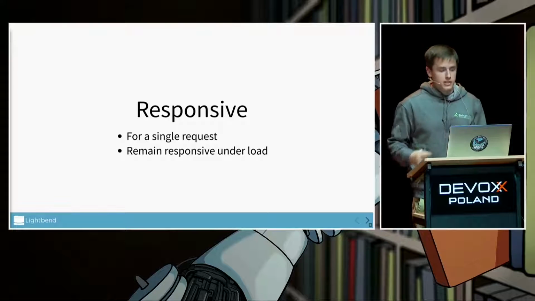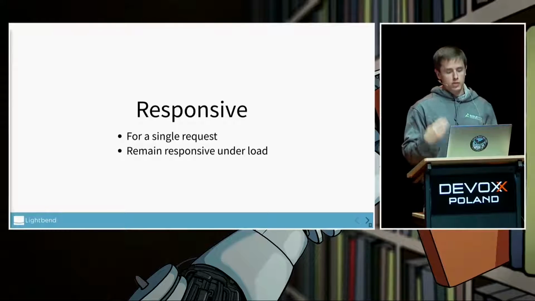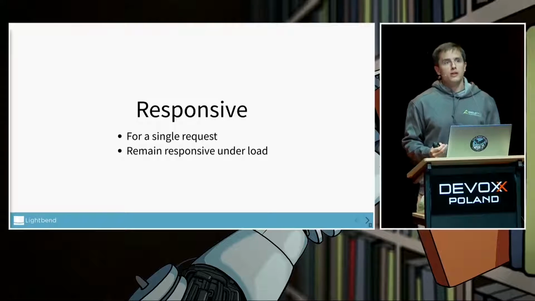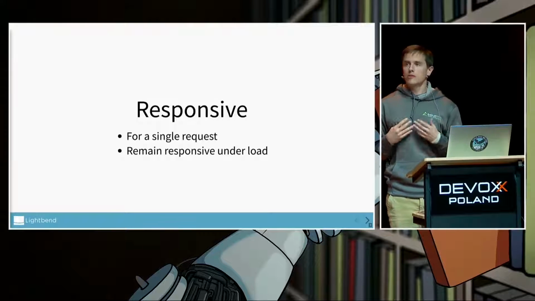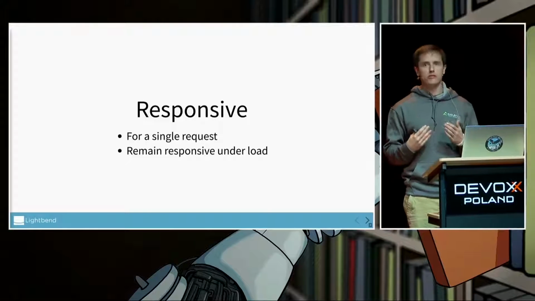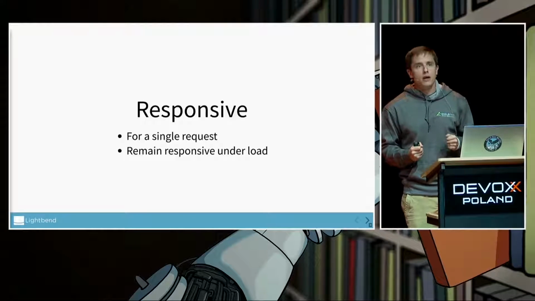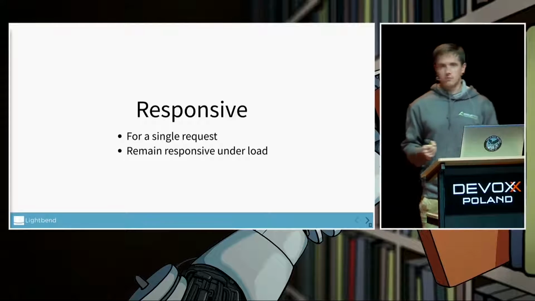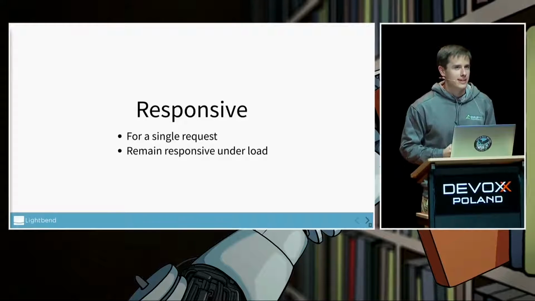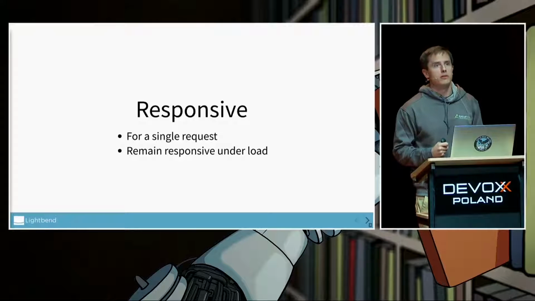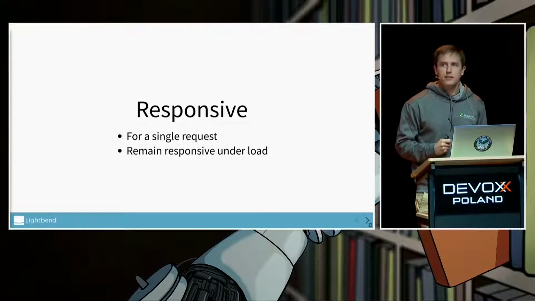The more interesting thing, I think, though, is remaining responsive under load. So if you do your capacity planning and you think that you're going to have no more than 1,000 concurrent requests into your service, but maybe you work for a television company and then the World Cup starts and you didn't quite capacity plan correctly. What happens when 2,000 people log onto your system? And I think systems tend to fall into 2 categories.